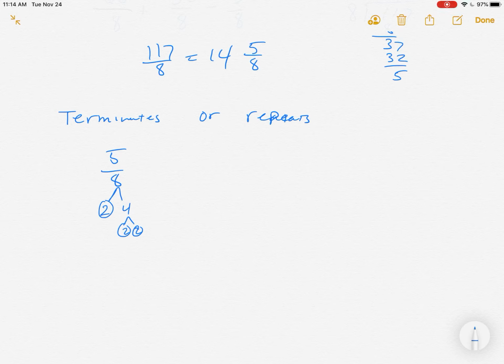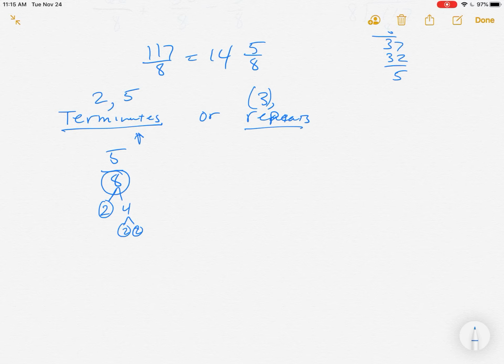If you divide by 2, it's going to terminate. Things that cause us to repeat: division by 2, division by 5 will terminate, but if you have a 3 involved, or any multiple of 3, it always goes on forever. So because the 8 on the bottom involves only 2's, it's going to terminate.